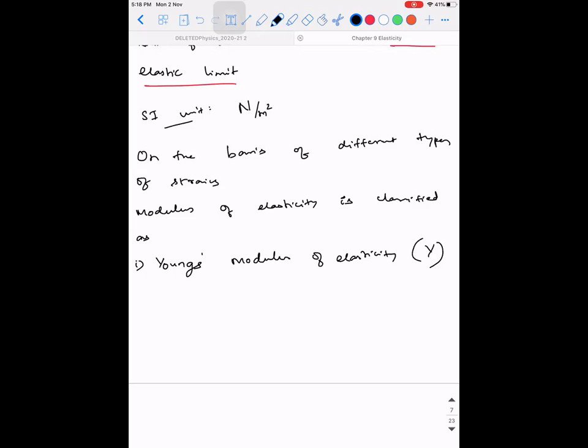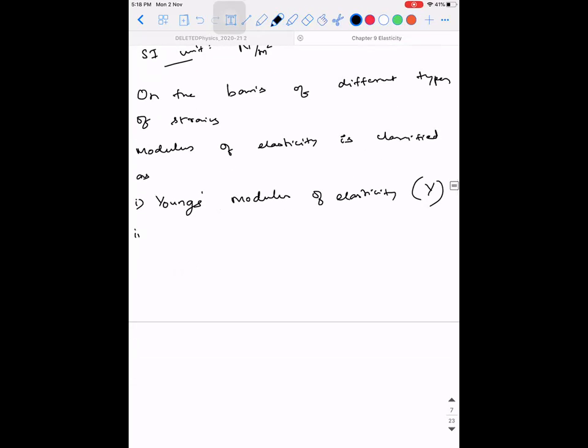The second is called bulk modulus of elasticity, which is represented by a symbol that is not K, it is a Greek letter called kappa. It's a Greek alphabet.